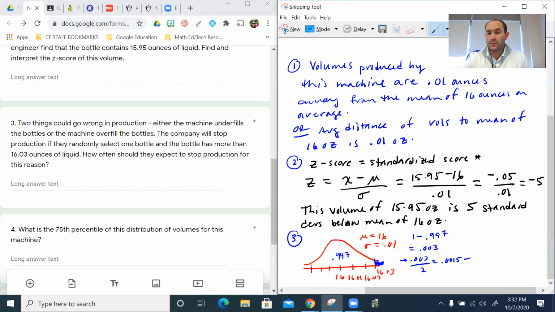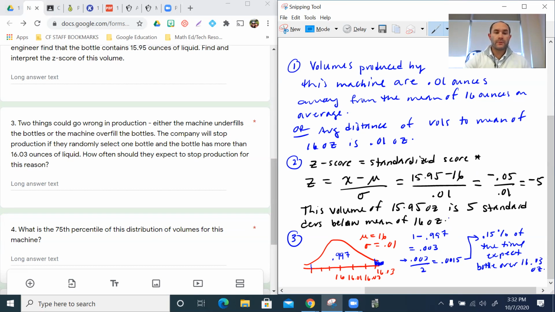As a percentage, this is multiplied by 100, so 0.15% of the time we expect a bottle over 16.03 ounces. Okay, super rare. If it happens, that's probably not a good sign because it's not expected to happen.